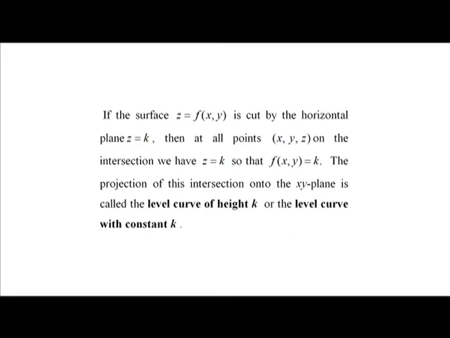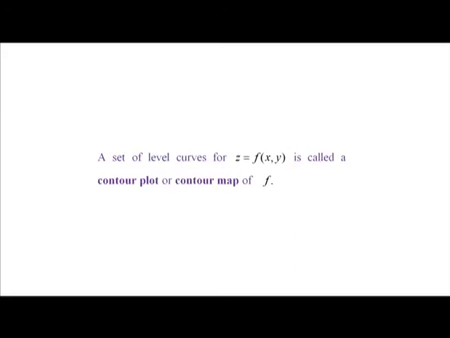The projection of this intersection onto the xy plane is called the level curve of height k, or the level curve with constant k. A set of level curves for z = f(x, y) is called a contour plot or contour map of f.